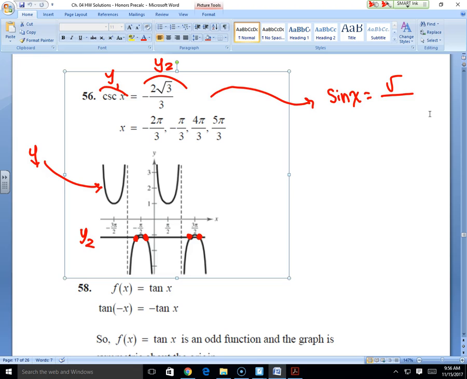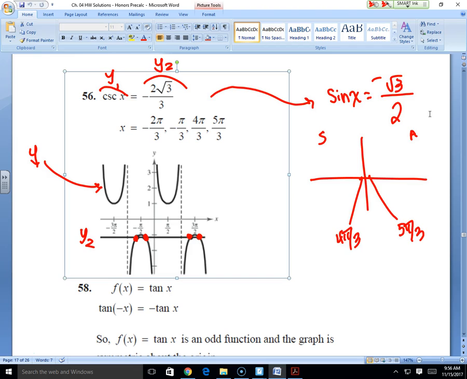Yeah, root 3 over 2. So this is what had to get flipped. So the question is, when is sine root 3 over 2 in the unit circle? At the pi over 3s, right, but oh, it's negative, so hold on, where is sine negative? Not here, not here. Sine is negative at those two angles in the unit circle. So that'd be 4 pi over 3 and 5 pi over 3.